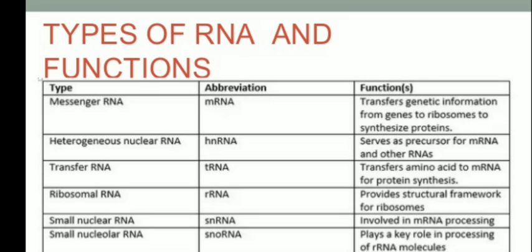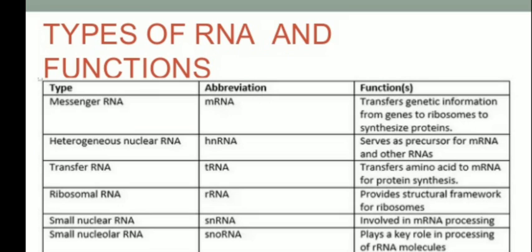The second subtype of RNA is hnRNA, which is also known as heterogeneous nuclear RNA. These heterogeneous nuclear RNAs serve as a precursor for mRNA and other RNAs.